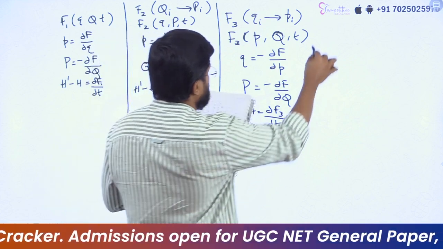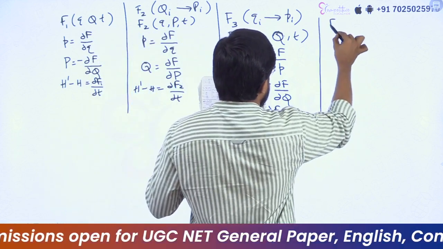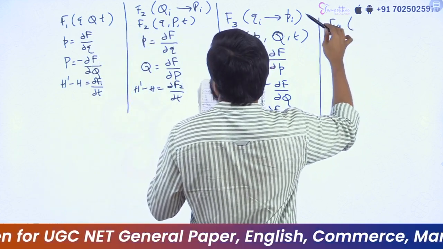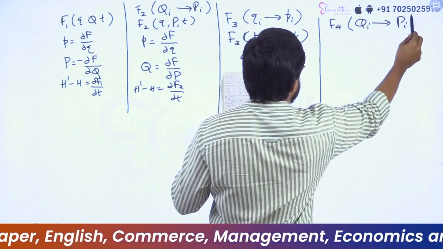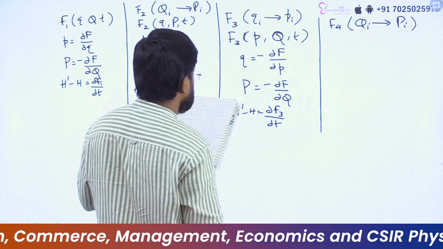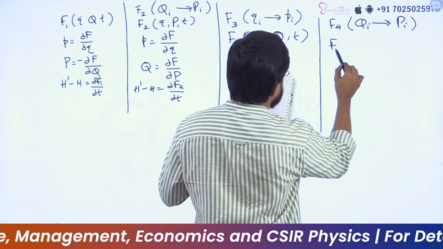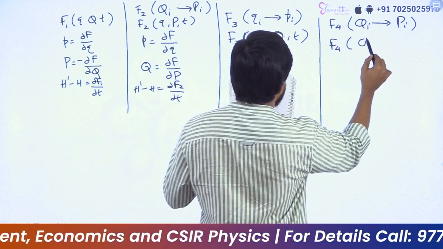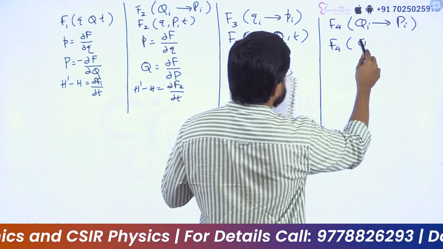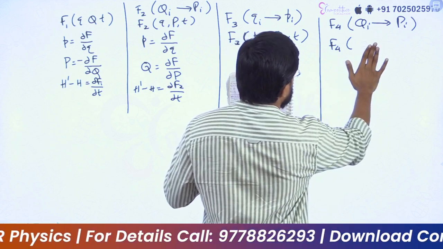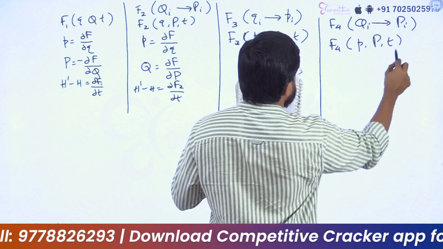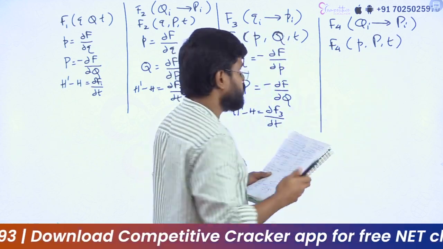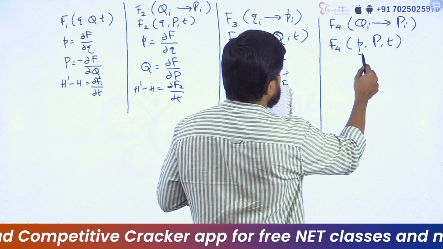Simple. And what is F4? F4 becomes capital Q exchanged with capital P. So F4 will be small p, capital P, t, that is p, P, t. What is present? Small p is present.